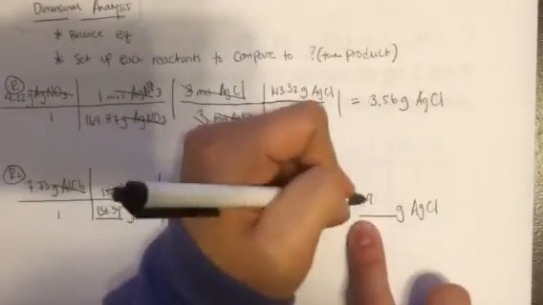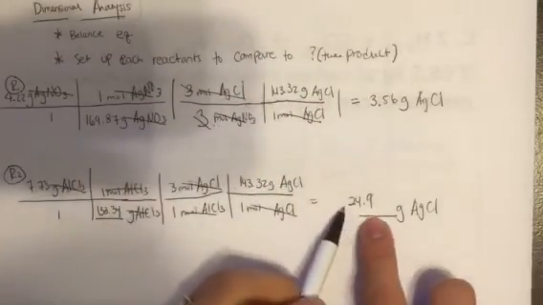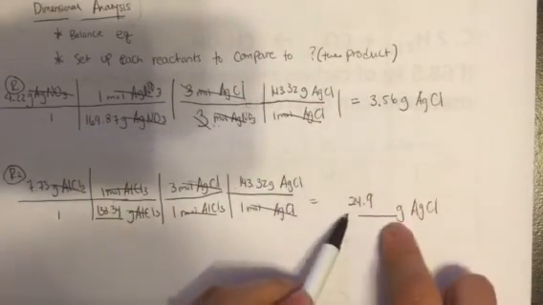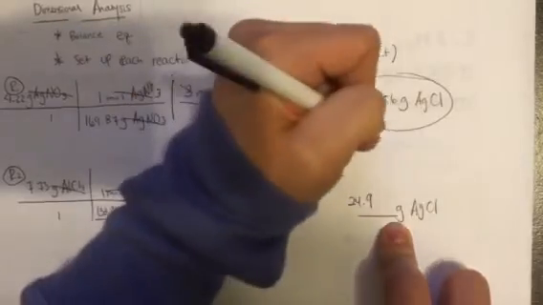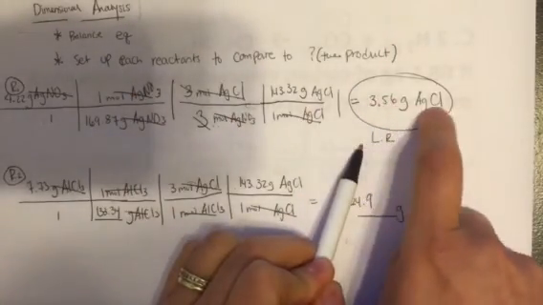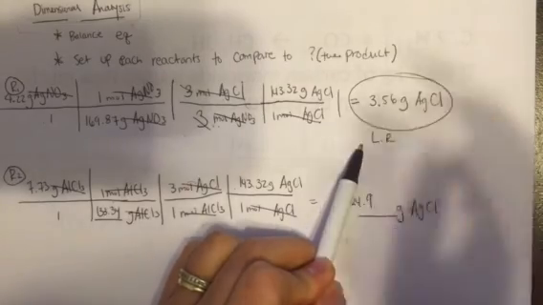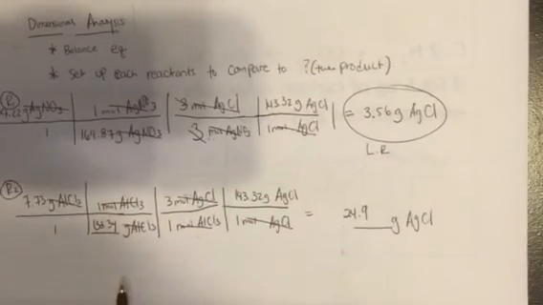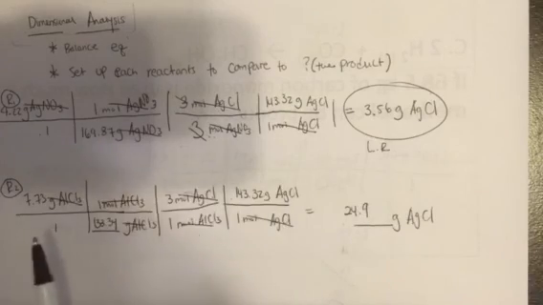That's 3 significant places. So which is less? Well, this is far less than that. So I know that this is my limiting reagent. I can only make 3.56 grams of silver chloride with this. On the next video, I'll show you how to do this one using the ICE method.